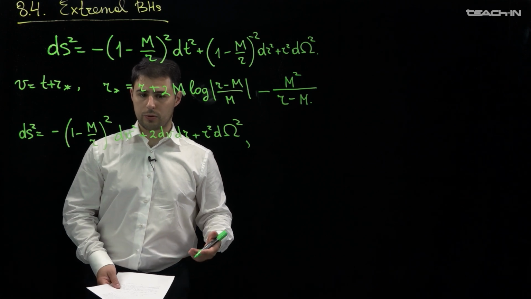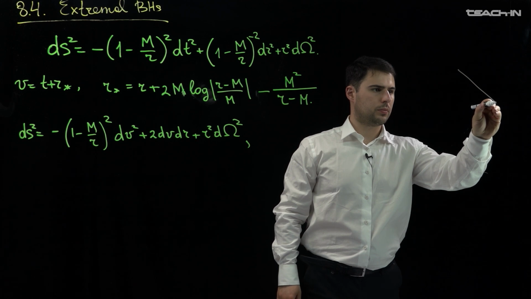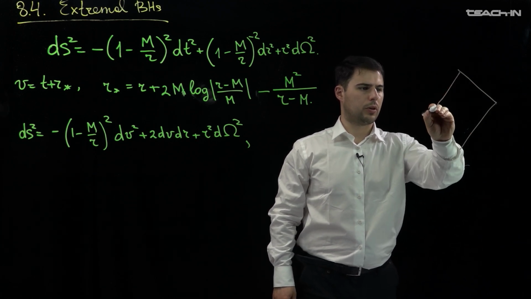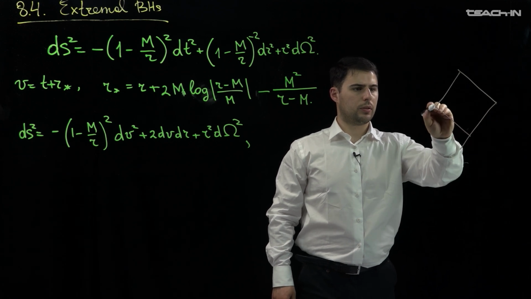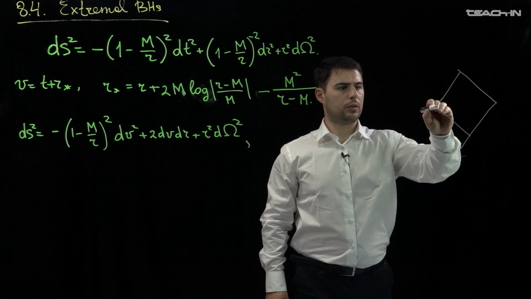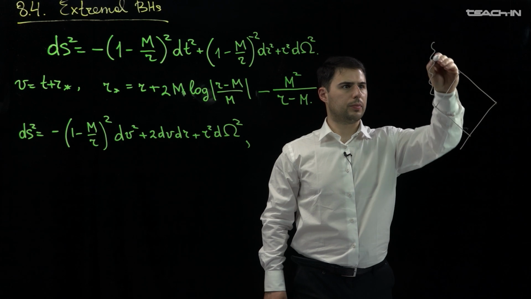Let us draw the Penrose diagram. We initially have the exterior block bounded by the two horizons, the future and past horizons. And this essentially is the singularity.